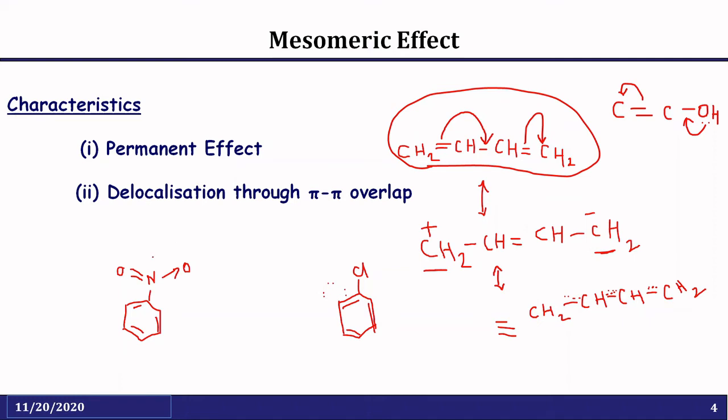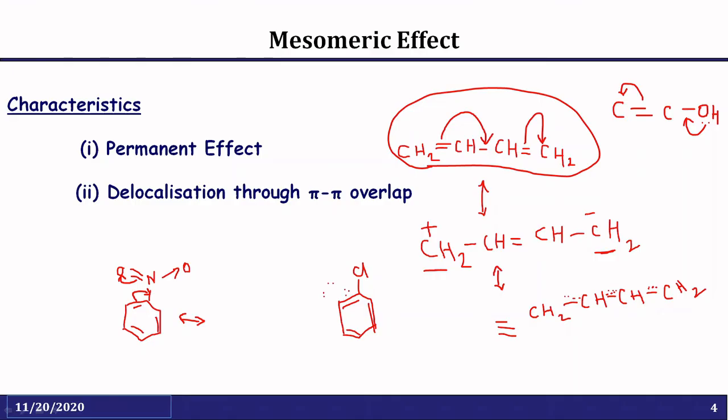For example, in an aromatic compound, if a nitro group is present, the nitro group is an electron withdrawing group. It pulls the electron towards itself, pulling the electron from the ring and causing this kind of displacement. This is called the minus R effect.